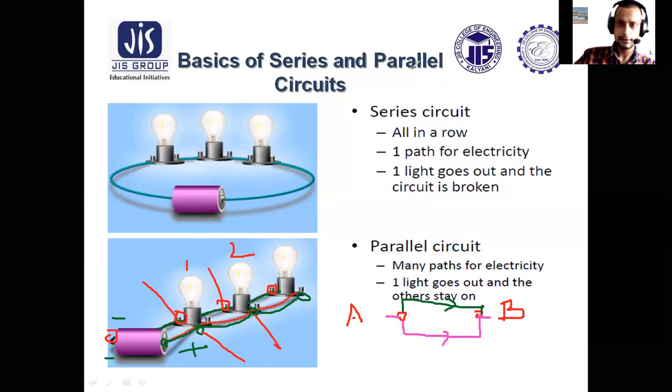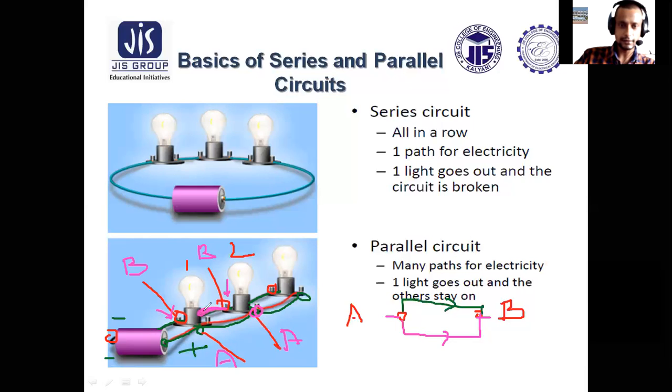Now, as these two points are connected by a short circuit, these two nodes can be considered the same node. So for bulb 1 and bulb 2, the starting point is A, and similarly the ending point, say this is B, so this should also be B, as there is nothing connected in between this point and this point.